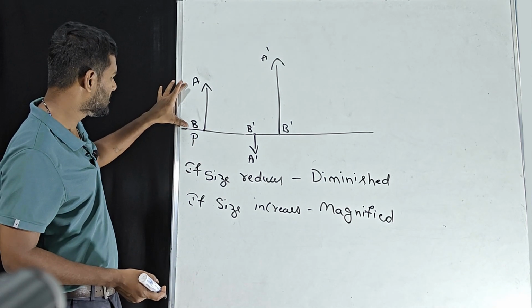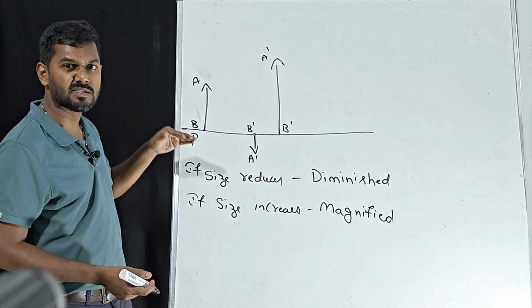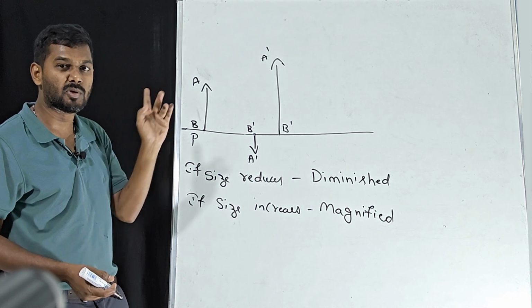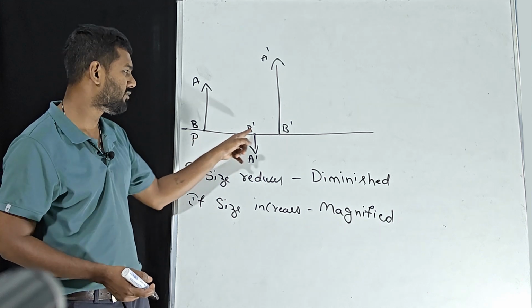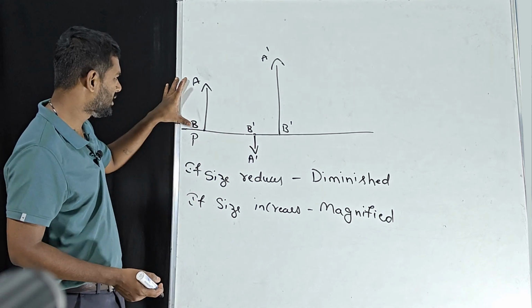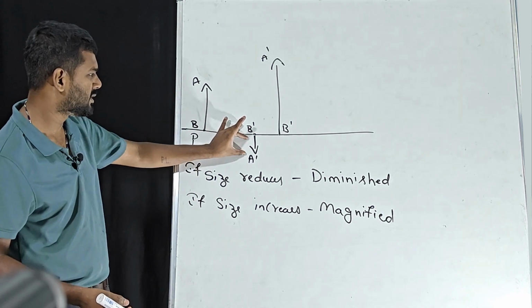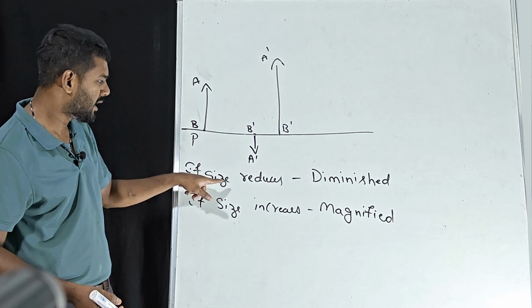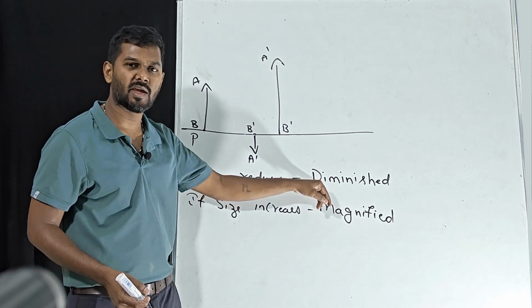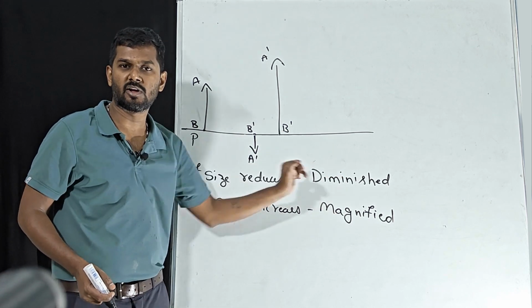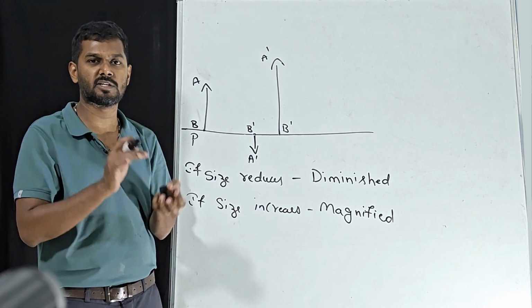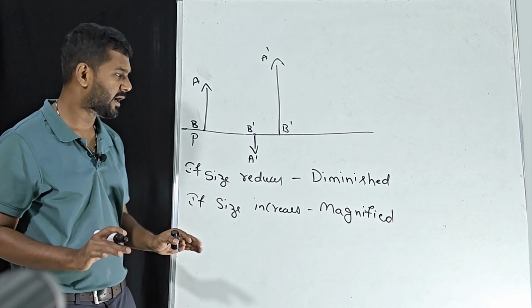Compare the size of the object and size of the image, only these two are calculated from the principal axis. This much and this much, the size of the image has reduced, correct? That is why this image is diminished. We call it a diminished image. That means the size has been reduced.